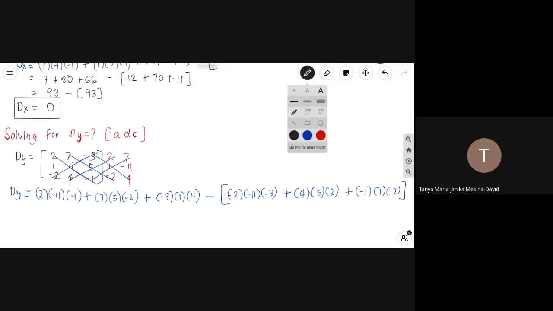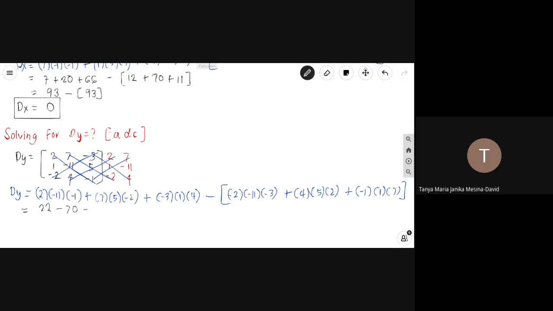Let us further simplify. This one is 2 times negative 11 times negative 1, which is positive 22. And then we have minus, 7 times 5 is 35, 35 times 2 is 70. So minus 70 because positive times negative.